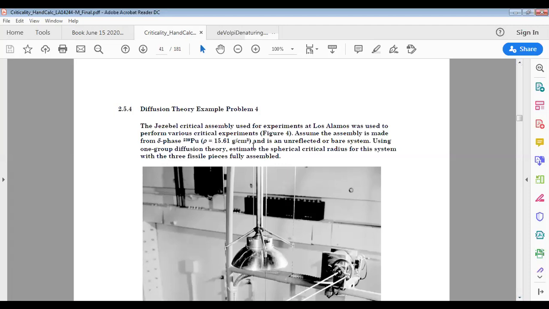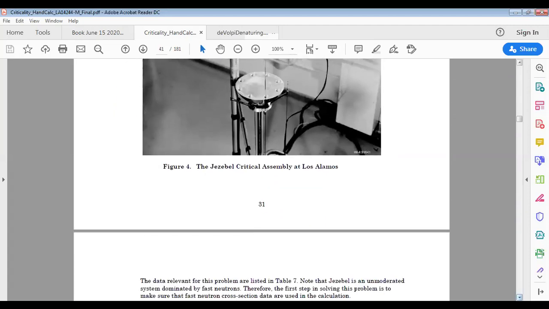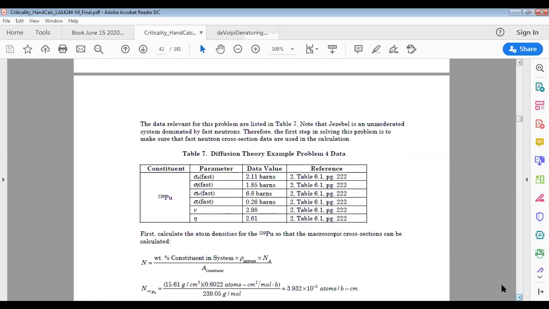So let's consider the delta phase, which is Jezebel, an unreflected or bare system. Let's see whether one-group diffusion theory estimates the spherical critical radius, because they did so many experiments for this. They know the answer. So here's the data you take for plutonium-239, though of course there are other things in it like gallium and other plutonium isotopes.